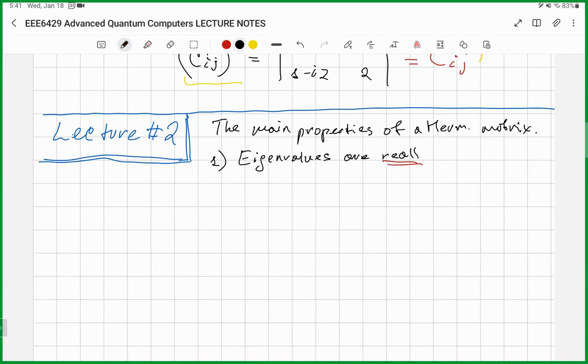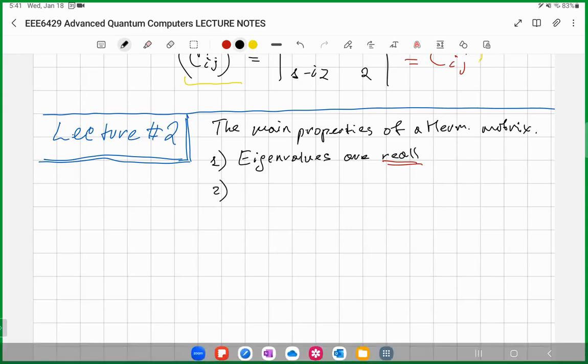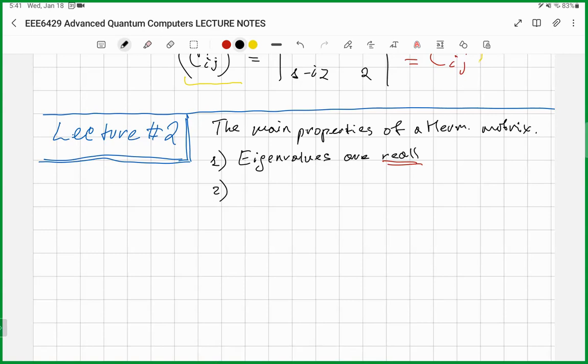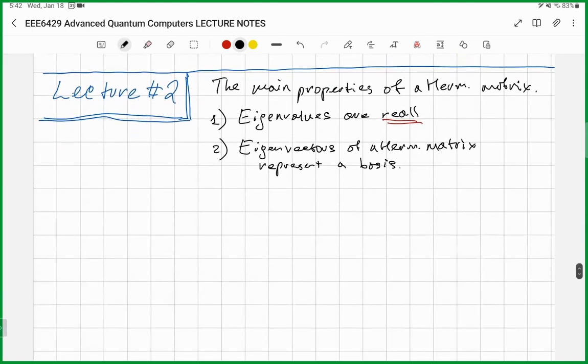The second property is that the eigenvectors of a Hermitian matrix represent a basis. What does it mean?